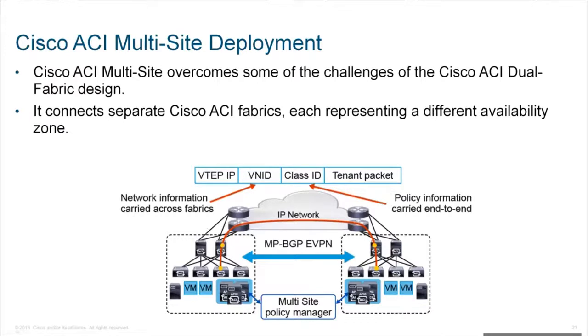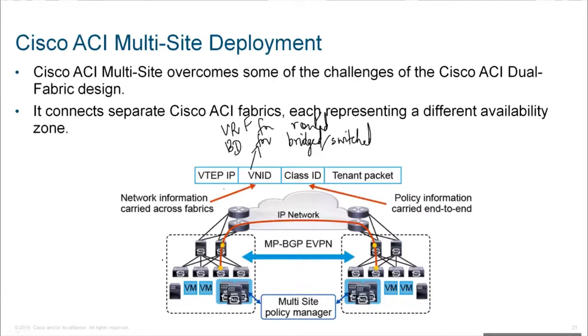So if you think about the VXLAN header, remember, the VNet value would be a VRF for routed packets, a bridge domain ID for bridged or switched packets, and the VNet value could be EPG ID sometimes. I'll talk about that.